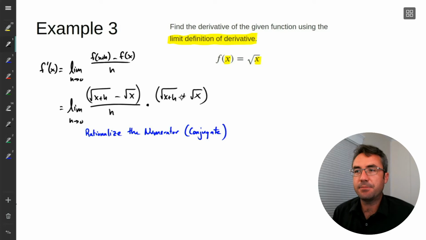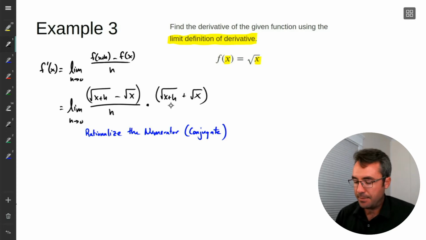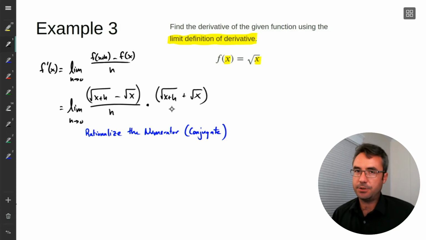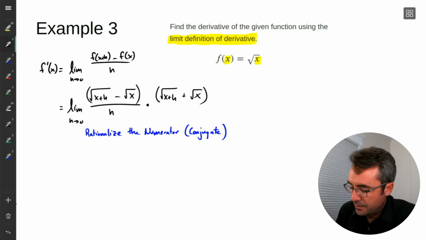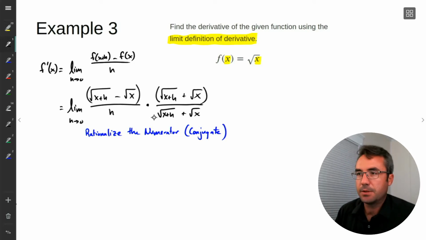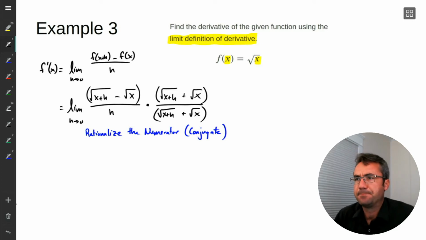Now if we multiply the numerator of a fraction by something additional, it's changing the fraction. So we don't want to really change the fraction here. We got to keep things balanced. So if we do something to the numerator, we got to do the exact same thing to the denominator. We have to multiply our denominator by this as well. Okay, so we're getting there. Now let's actually do the multiplication.